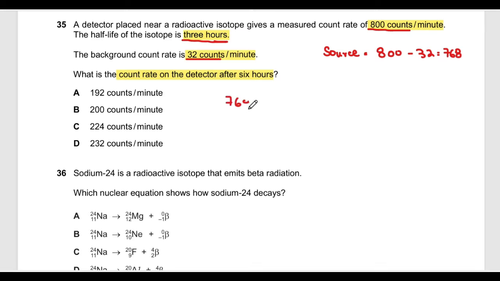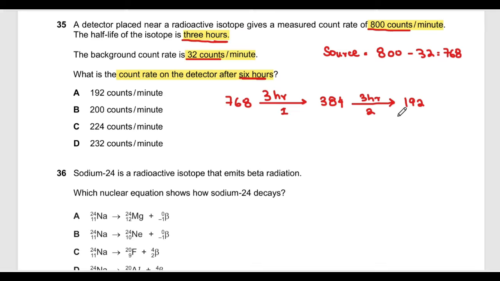So after the passage of the first half-life, or you can say 3 hours, this 768 radiation count would be reduced to half of it, and it would be 384 counts per minute. Now after the passage of the second half-life, that means a further 3 hours, or the total of 6 hours, this 384 would be reduced to 192.